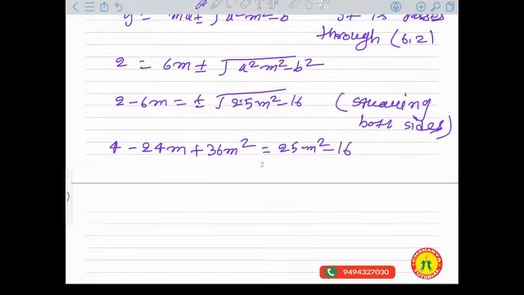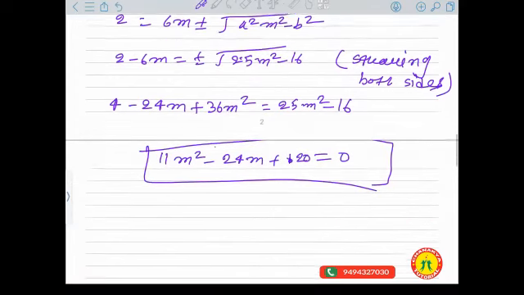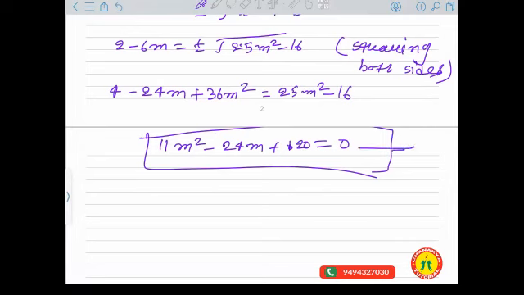So now 11m square minus 24m plus 20 is equal to 0. So now this is the quadratic equation in m, right? इसका roots कितने होंगे? 2 roots, right? Let m1 and m2 be the 2 roots of this equation.